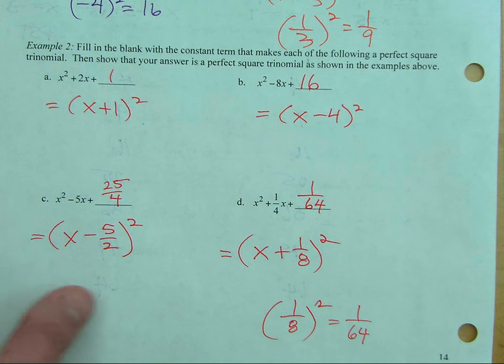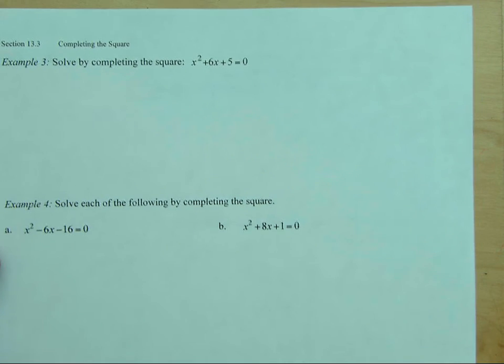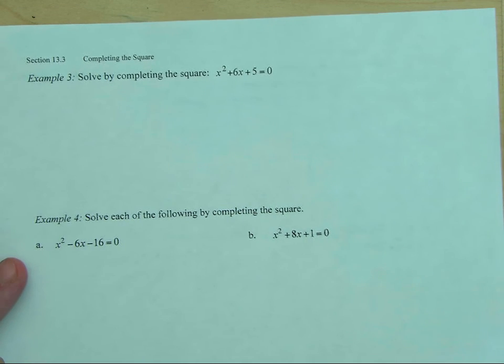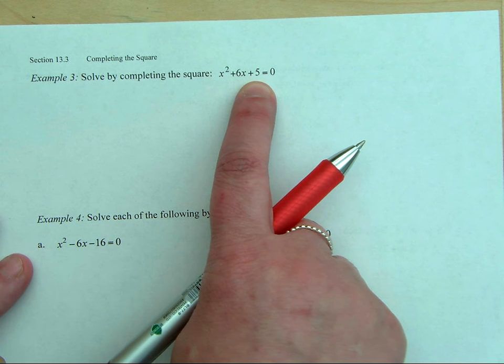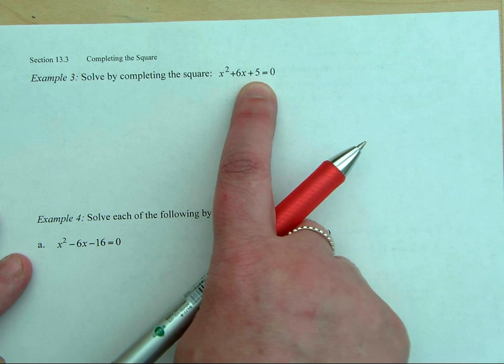Now, once you complete the square, you can use that to solve. So let's look at example 3. And we want to solve by completing the square. So here's the thing. Is this a perfect square trinomial right now? You would say, no, it's not.